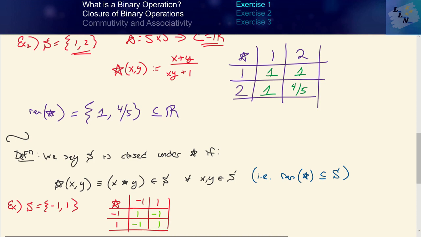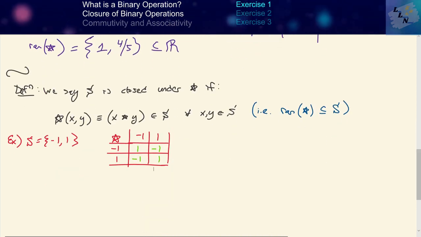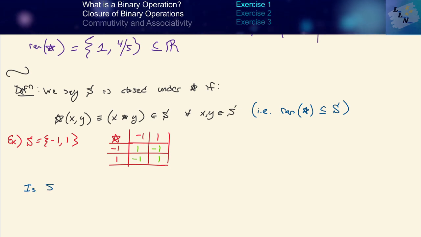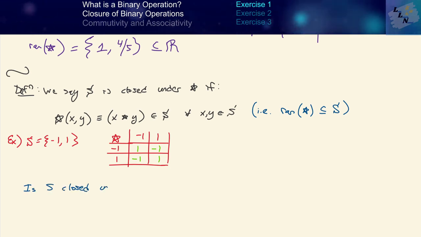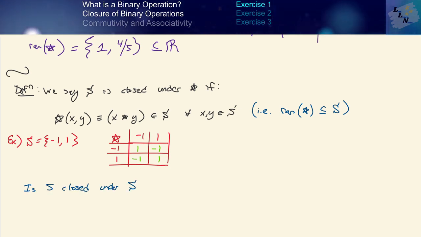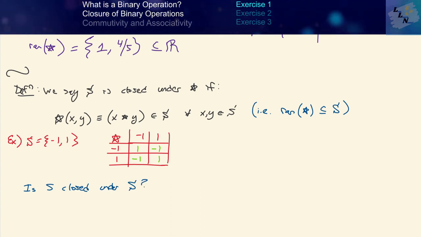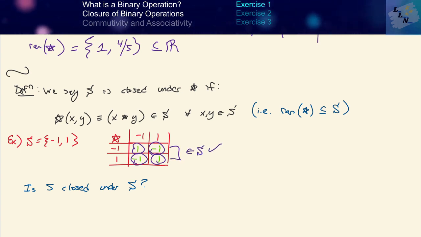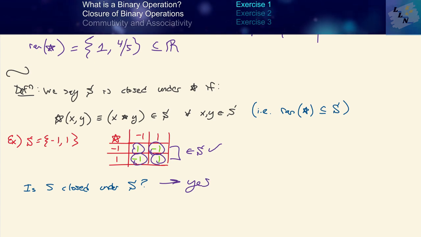So a question that one should be able to answer is: is S closed under star? Well, we can clearly see that all of these elements, 1, -1, -1, 1, are an element of S, right? So therefore the answer would be yes.